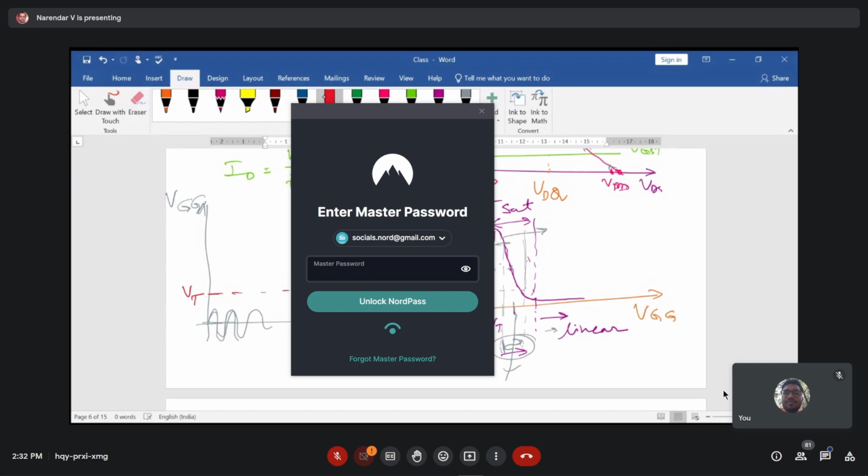Below this threshold voltage, the analog signal that you apply here is not recognized by the transistor. When it is exactly at the threshold voltage, the transistor recognizes only the positive peak. This portion is recognized, but not the negative peak, because it is exactly VT, and the negative is going below VT, so it cannot recognize it.